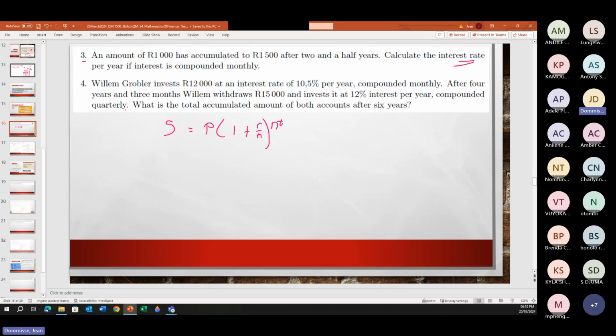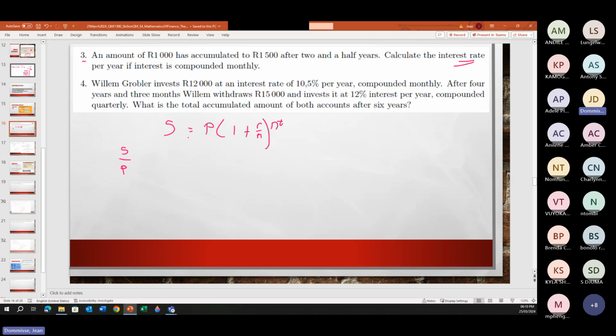It will be interesting to get feedback later on when you do the assignment, on how many of the questions required you to work out a future value or present value versus the interest, because that automatically means you need to change the formula. So let's, in this instance, change the formula.